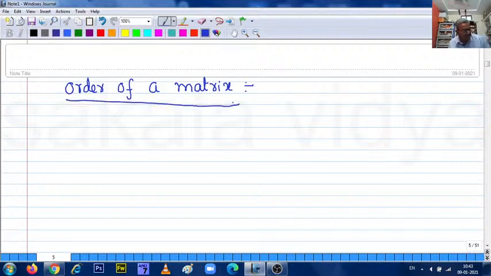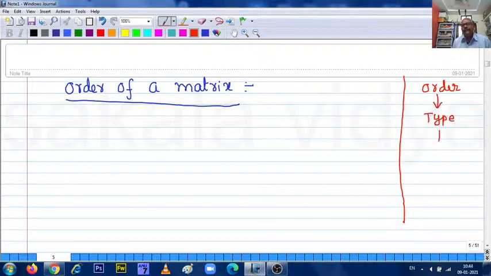You may be asked in the examination: write the order of a matrix, or type of a matrix, or size of a matrix. You remember order, type, size. In the same sense we use order of a matrix, type of a matrix, size of a matrix. Same definition.